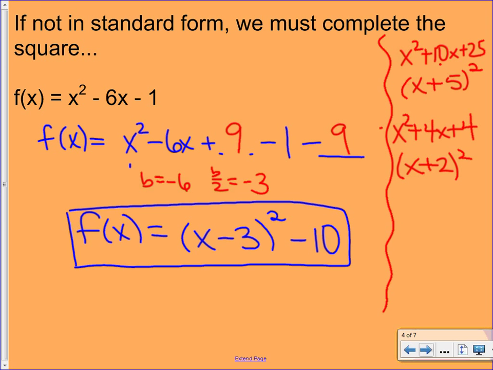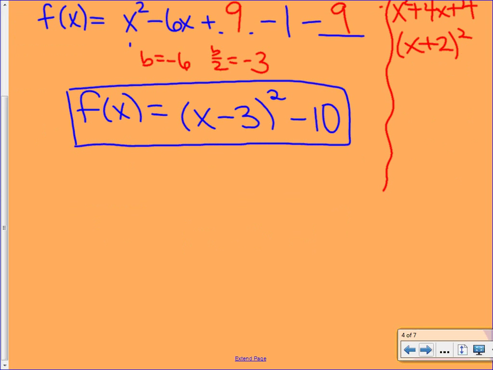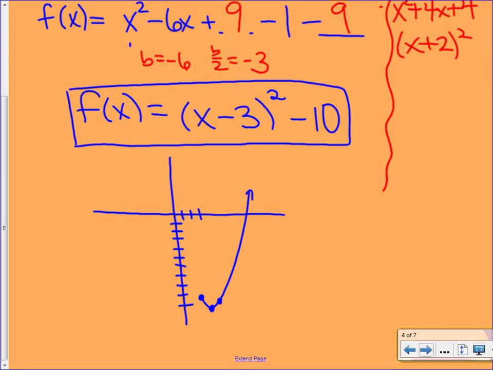Okay. Now, let's talk about graphing this. This is a parabola that's shifted where? 3 to the right, or down 10. Right? Easy to graph now in standard form. Okay?